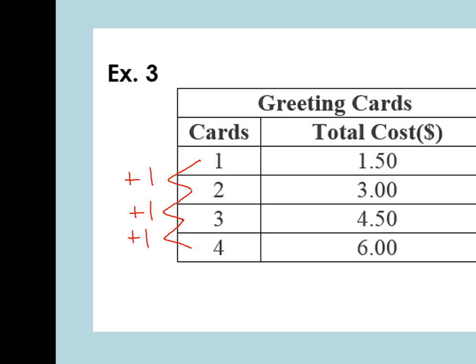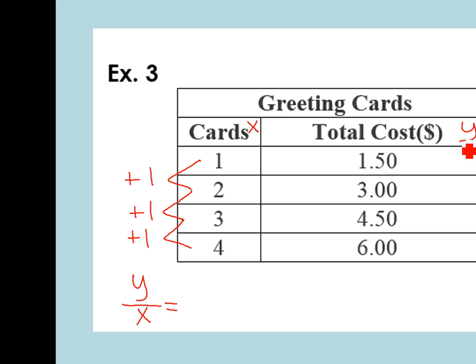Because we have a constant rate of change on the y and the x, we're going to go ahead and write y over x. And I'm going to put an x next to the cards and a y next to the total cost, so I remember that those are my x and y values.